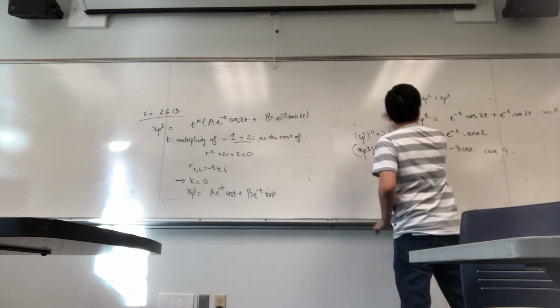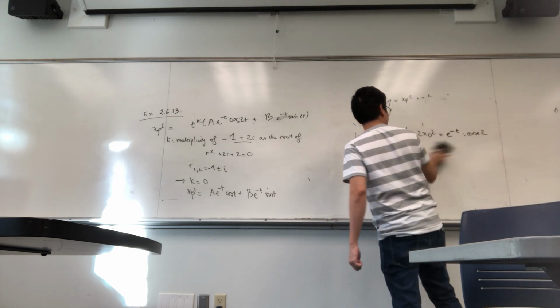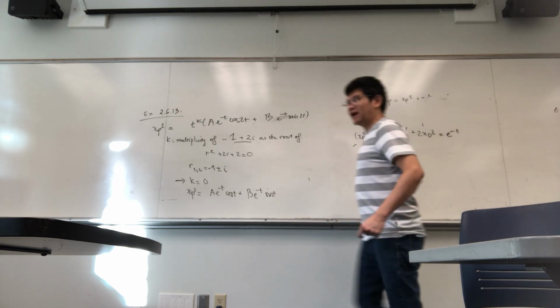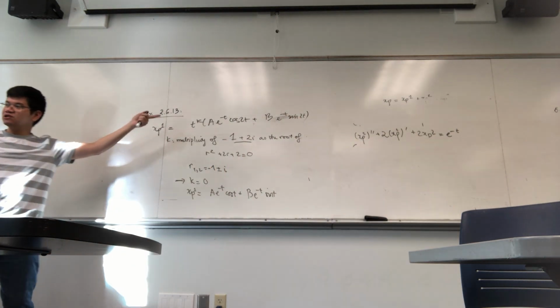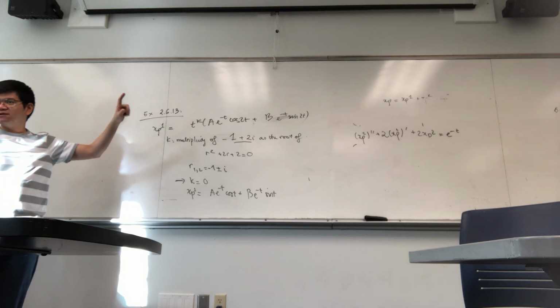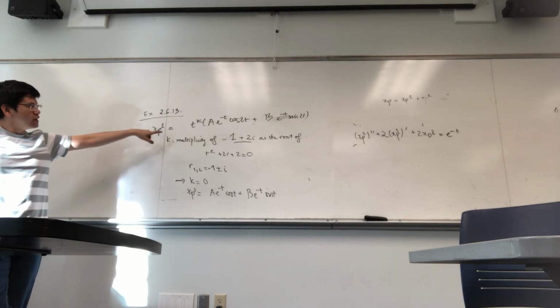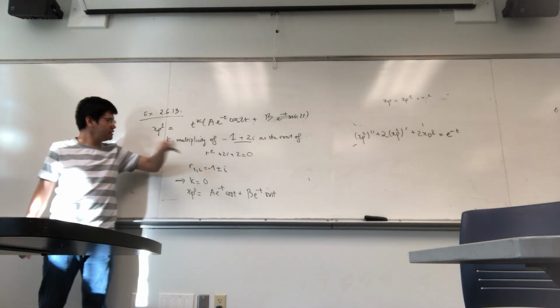Right, so we are done with the first equation. I explain again. xp1 will be the particular solution with the first force, and here you have t to the k, right?